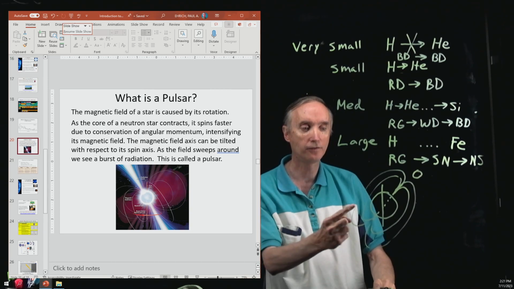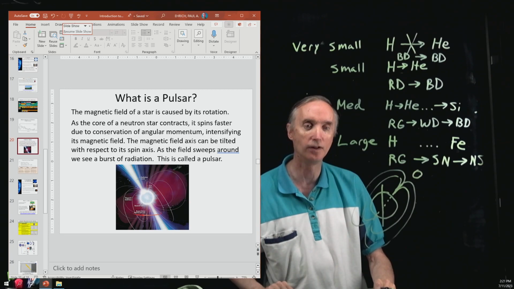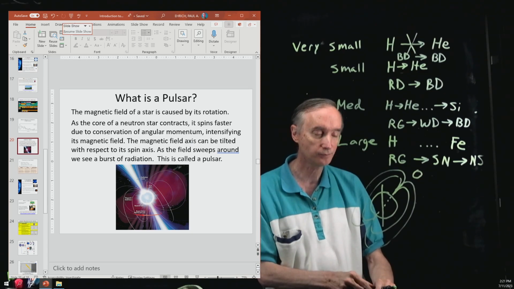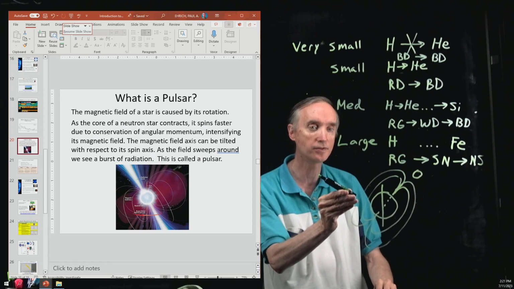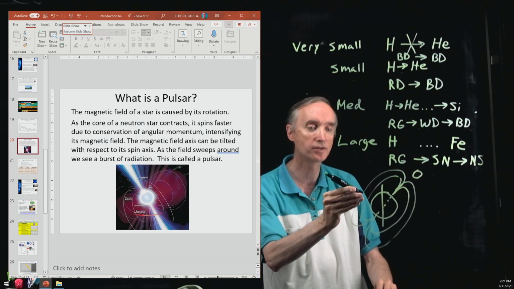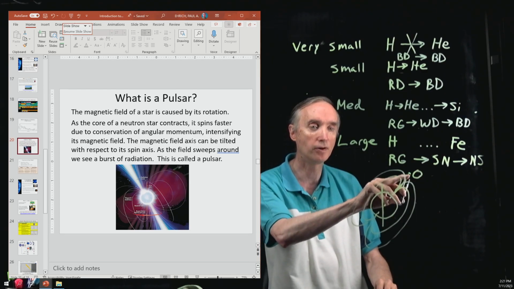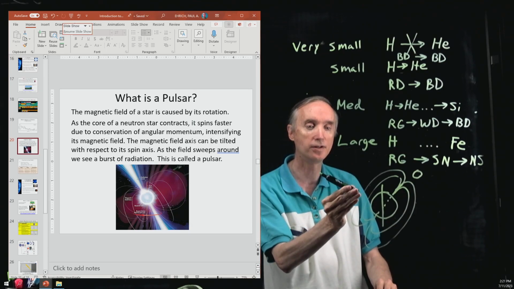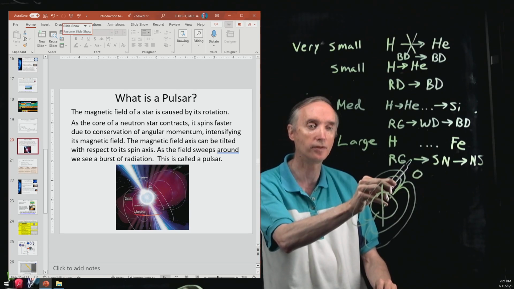So when the magnetic field is pointing towards the Earth, we would see a flash of light coming from that neutron star. But then as this thing swings around, because it's spinning, the magnetic field's going to swing around, it's no longer pointing towards the Earth until it swings back around, and now it's pointing towards the Earth again.